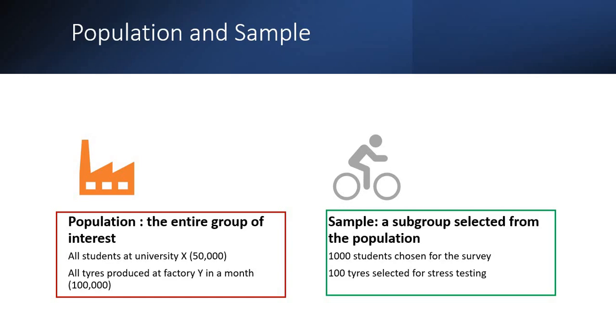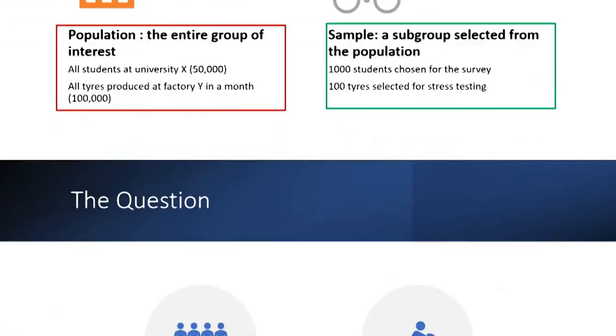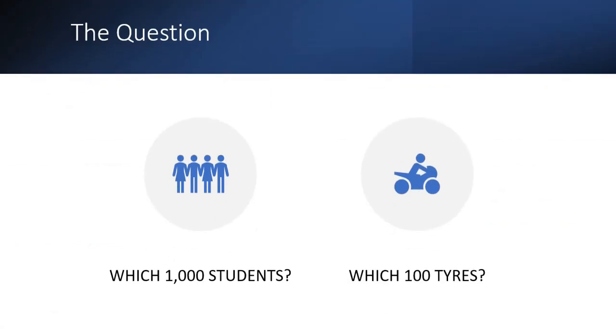Those 1,000 students or 100 tires are our sample. However, the question is, which 1,000 students or 100 tires will we select? There are 50,000 students and we have decided to collect data from 1,000, but which 1,000 students or which 100 tires?